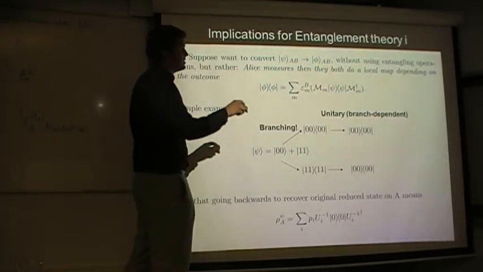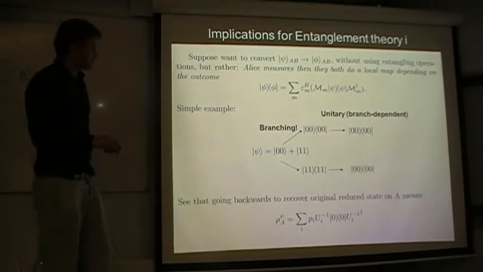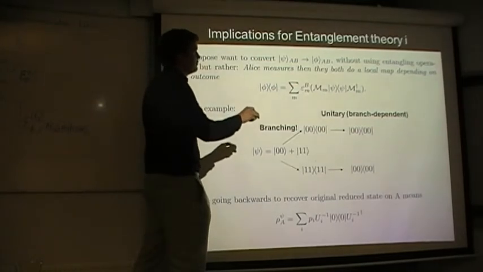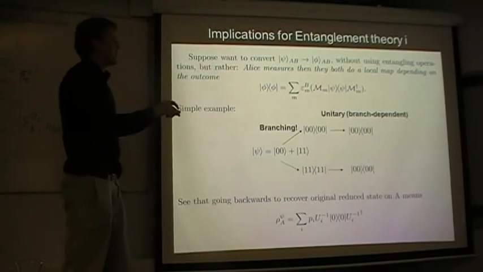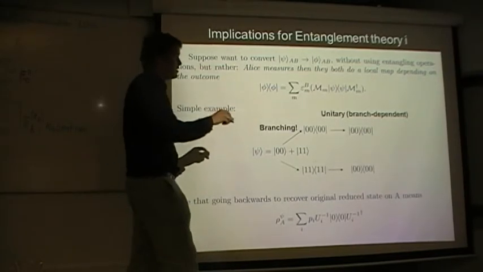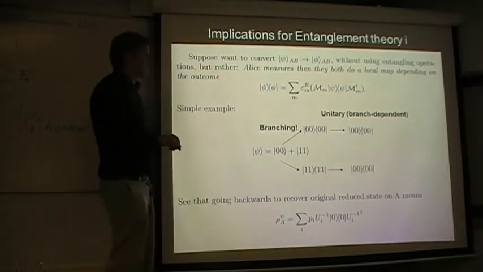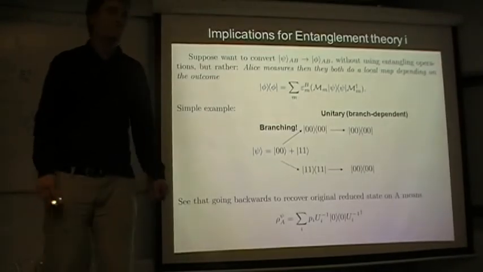This is the thing that updates Alice's state. That's her original state. And that's the map which I'm writing now as acting on Bob. Anything Alice does, I'll absorb on here. So it's a map afterwards that depends on M, on what Alice gets.